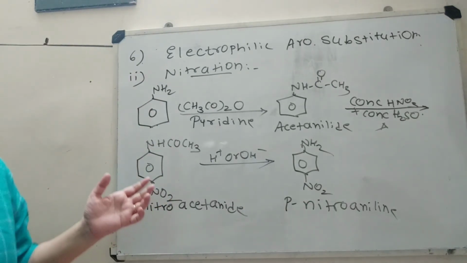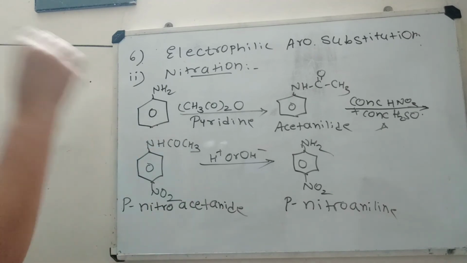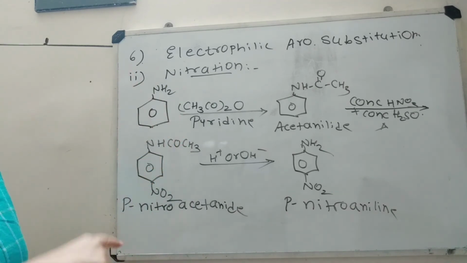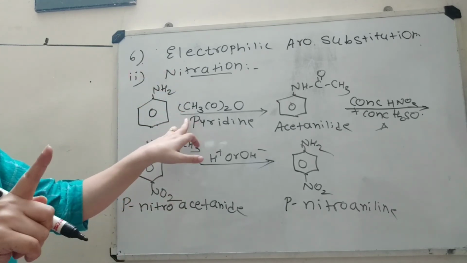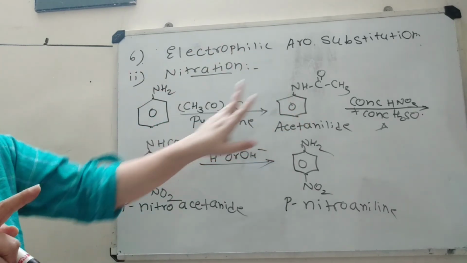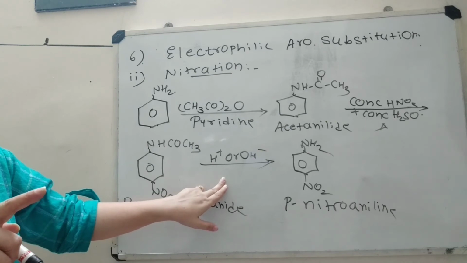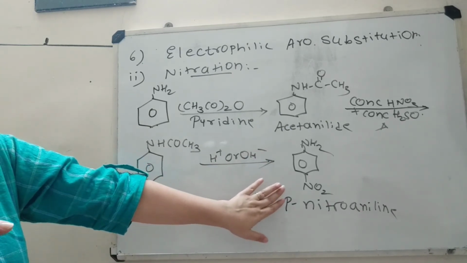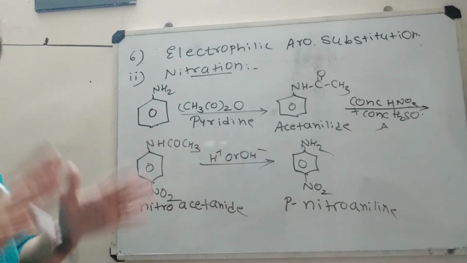So the question can be asked, by which method do we get para-nitroaniline in the maximum amount? Then by this method: acetylation, then nitration, and then hydrolysis. Then we are getting para-nitroaniline as the major product.